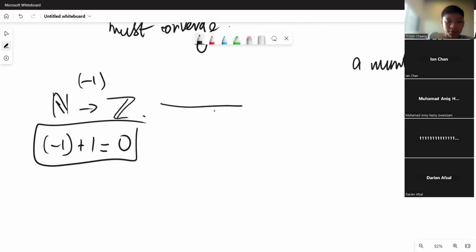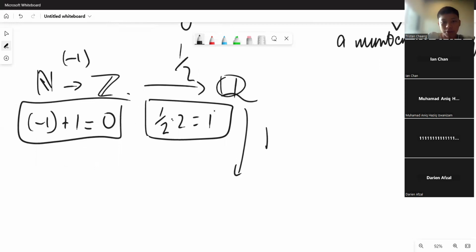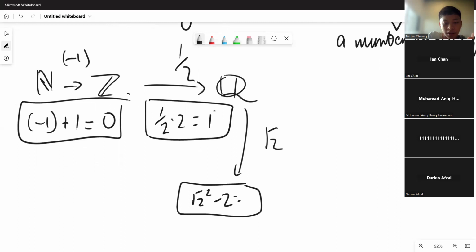And then from Z to Q, maybe you have objects like 1/2. So 1/2 is an object where after you times 2, you get 1. And then from Q to R, maybe you have square root 2. So square root 2 is an object where after you square it, it will be equal to 2.